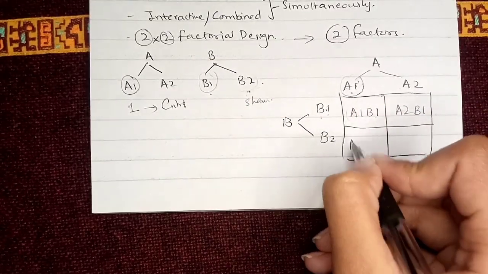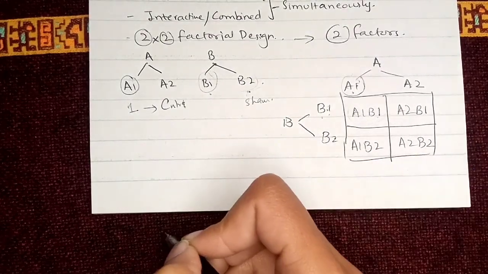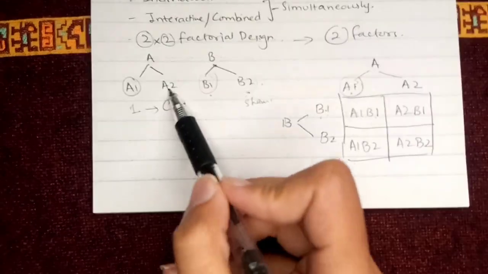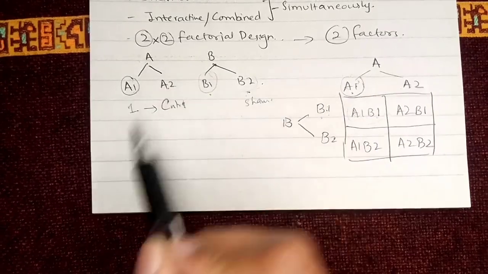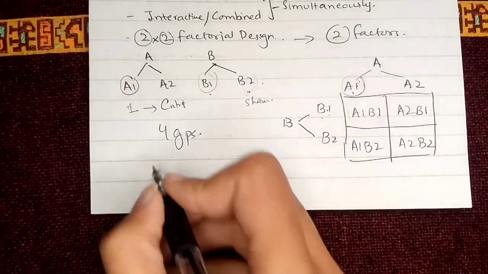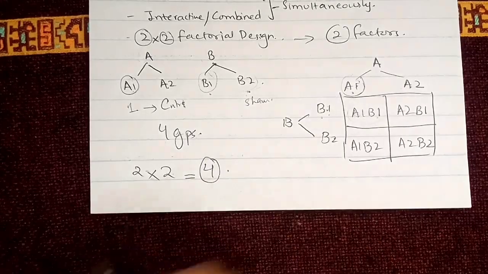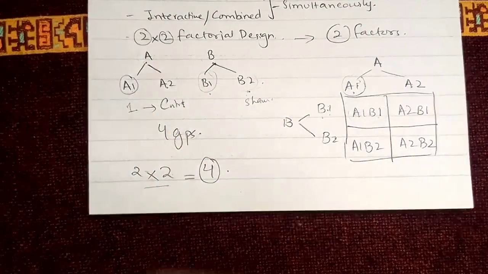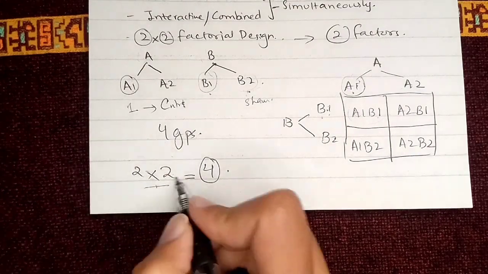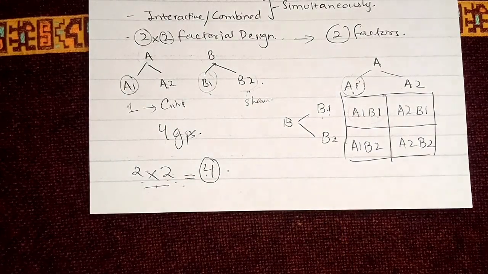Then A1 with B2, and similarly A2 and B2. So when we have two factors, and two subtypes within each, you are going to have four groups. We can also count it like this: 2 into 2 makes 4. If you have two factors and each has two subgroups, you just multiply the two numbers, so 2 into 2 makes 4, which means you are going to have 4 subgroups.